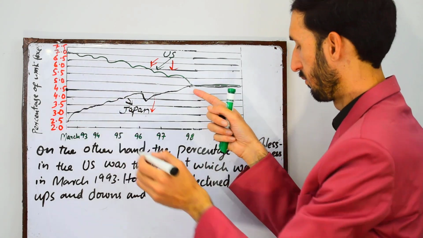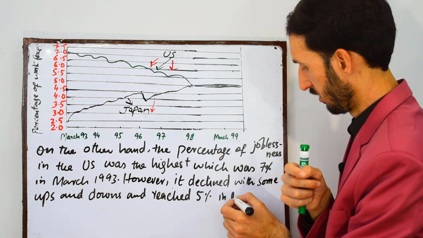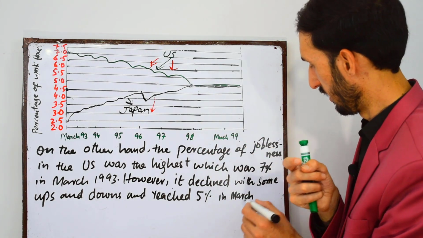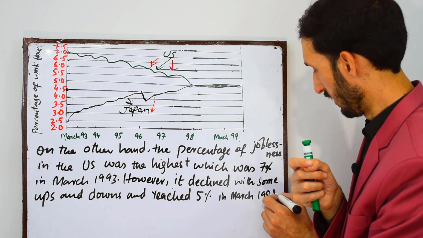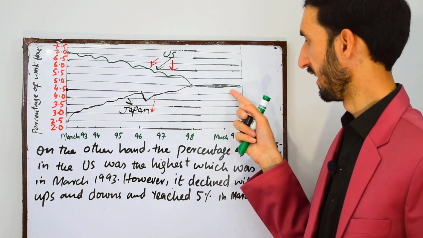You can see it's 5% in March 1998. What happened later? You can see it didn't change.